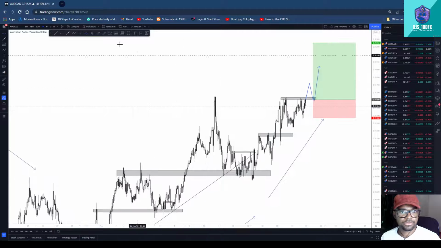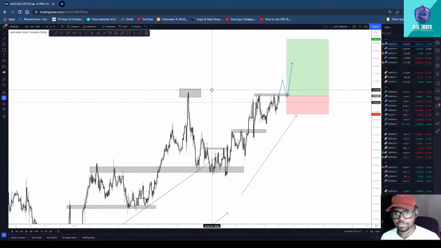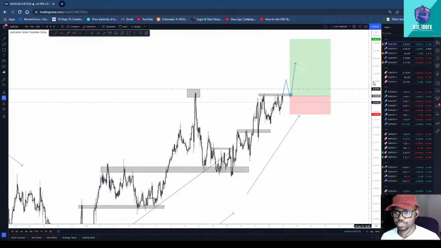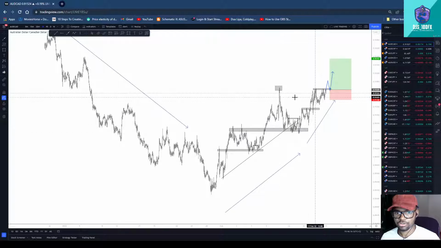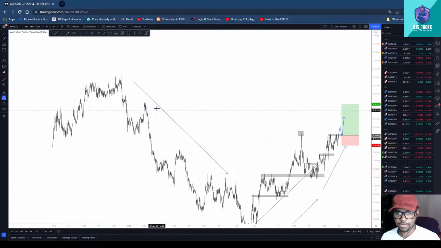We can also see that this pair has created this high, which could be a level where price will react in the future after the break. But since the trend is moving up, the trend has been showing signs of being bullish, although it's a little bit more corrective than this past move downwards.